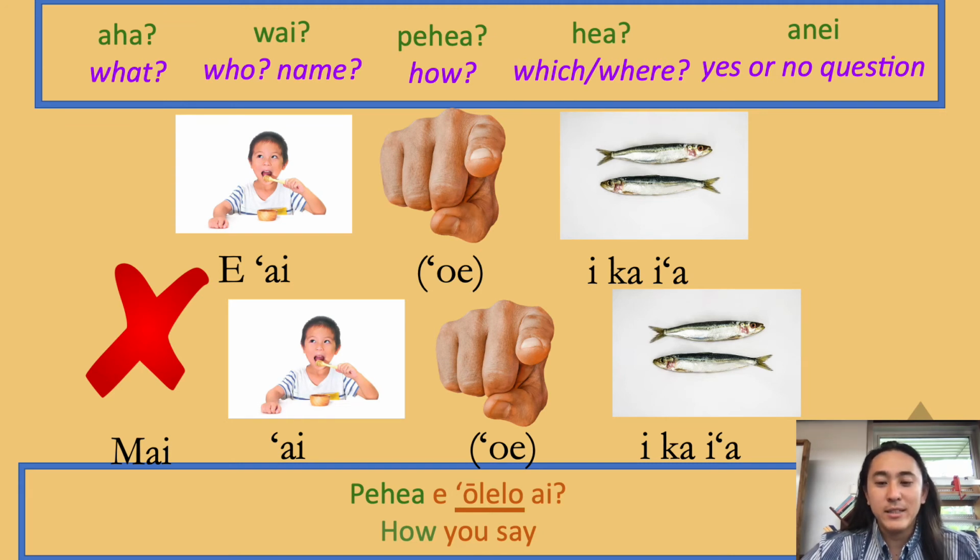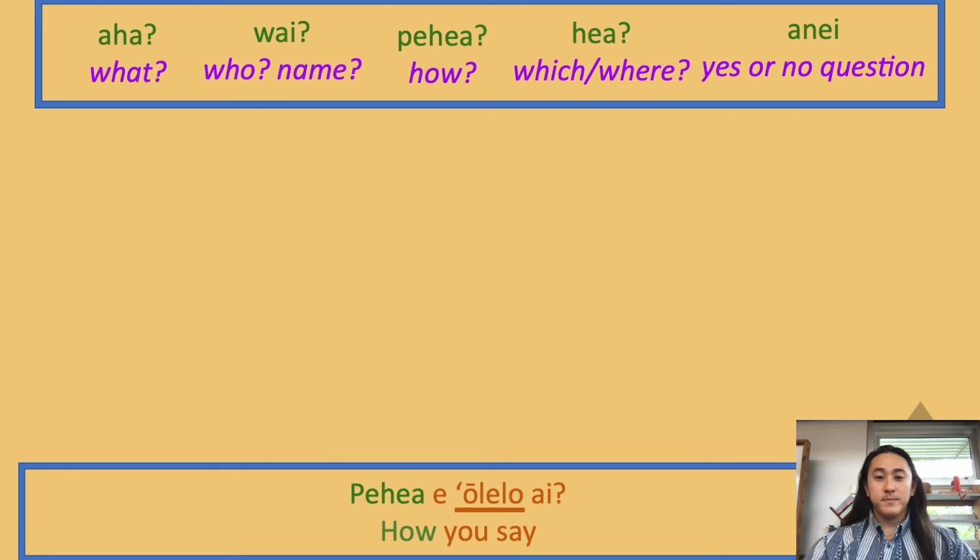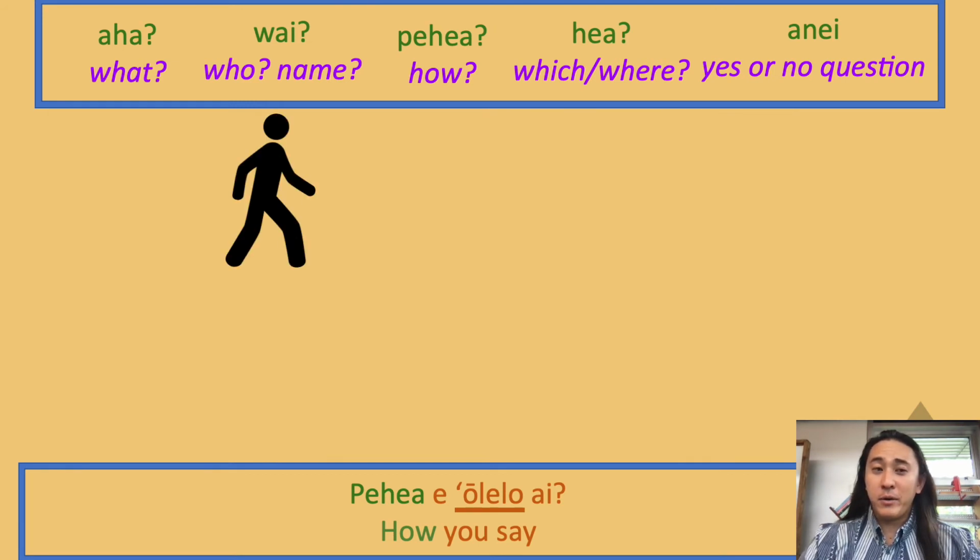So mai is like don't. Mai just takes the place of e. So instead of e ai i ka i'a, mai ai i ka i'a, or mai ai oi i ka i'a. You don't eat that fish. Mai ai, don't eat. Mai ai.